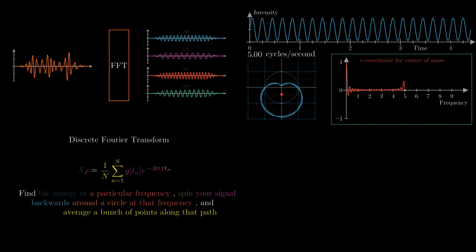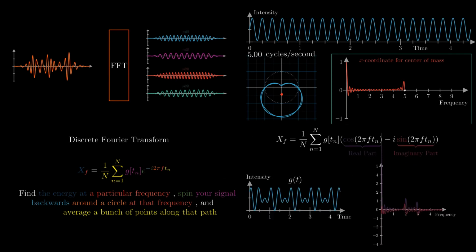From there, we derive the formula of the discrete Fourier transform, leaving us with the energy at a particular frequency, given as a complex number. In the last step, we found that we can compute the amplitude spectrum by squaring and summing the real and imaginary part of our discrete Fourier transform.